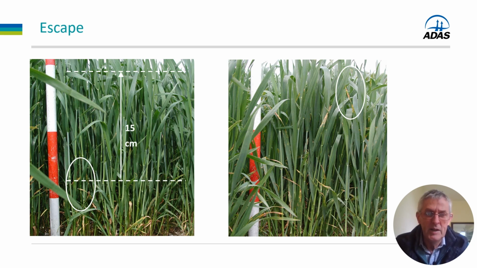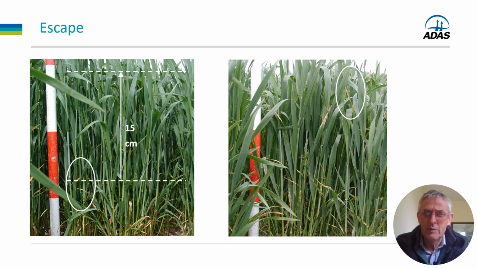We saw that in the case on the left, where at the time the flag leaf is emerging at the top of the canopy, if the nearest infectious lesions are low down in the canopy, then it's going to take a lot of intense rainfall and rain splash to move those spores up, and it's therefore much less likely that there will be a severe epidemic.